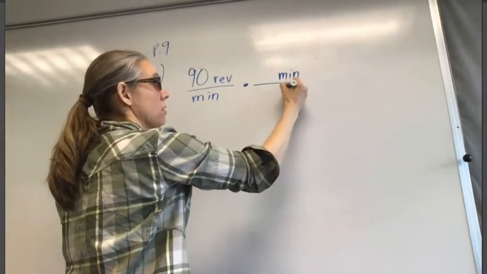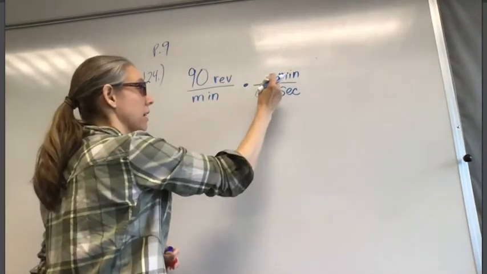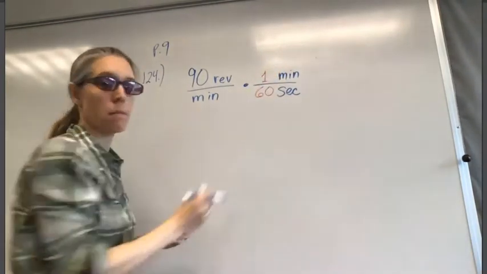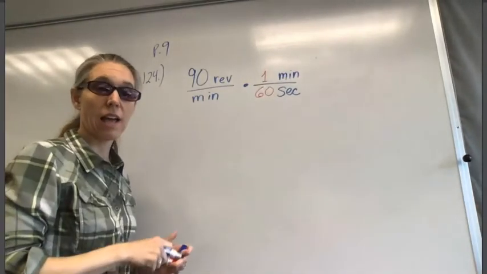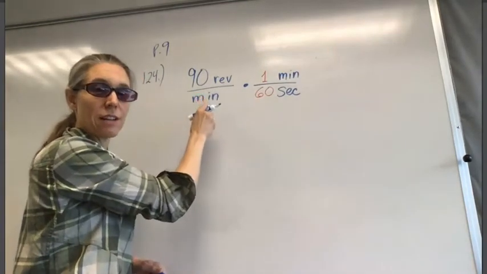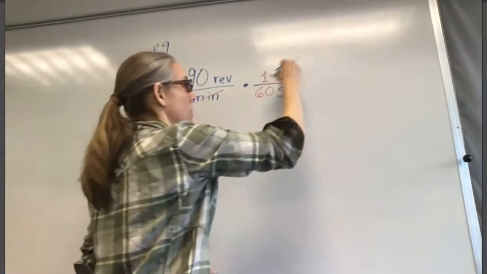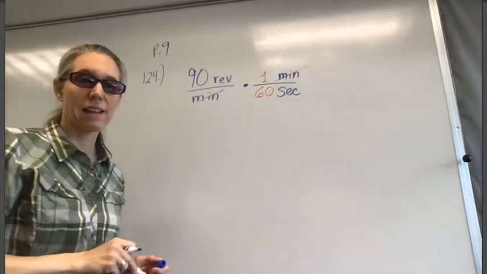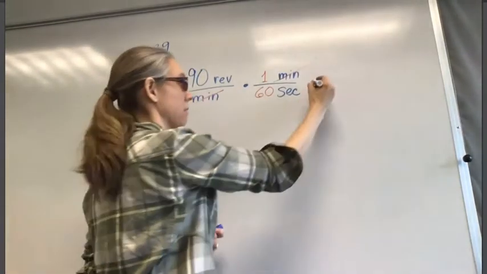Minutes turn into seconds. How? If you have 60 seconds, then you have 1 minute. Notice that I have the minutes in the numerator. I know to do that because the minutes in this denominator need to go away. So we can cancel out the minutes in the denominator with the minutes in this numerator, and that leaves us with 90 revolutions over 60 seconds.